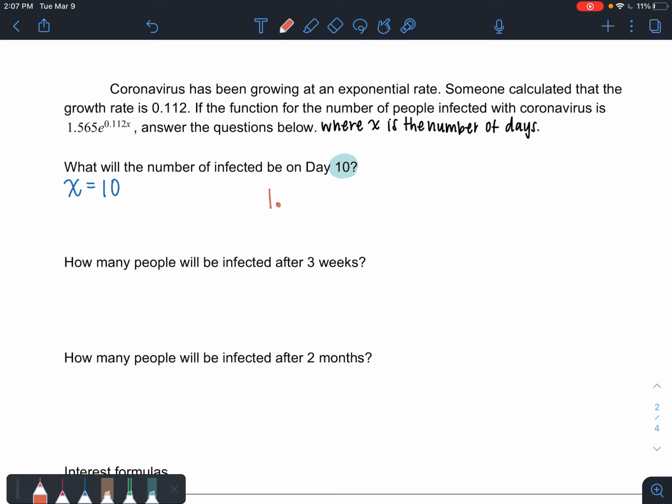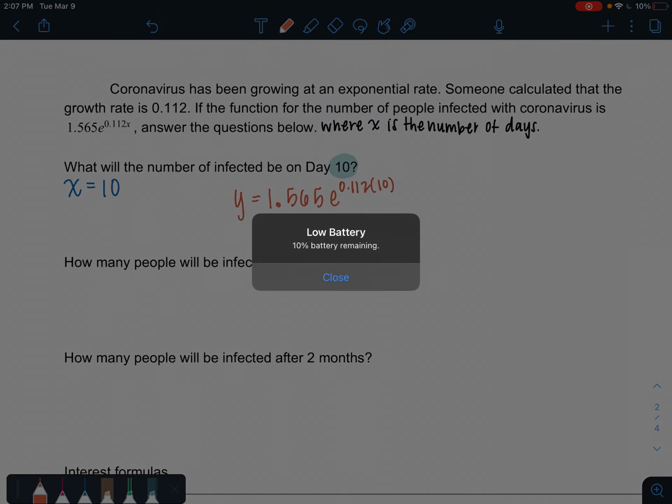So I'm going to plug 10 into my equation. I'll put y equals 1.565 e to the 0.112 times 10. Okay, plug that into our calculator.